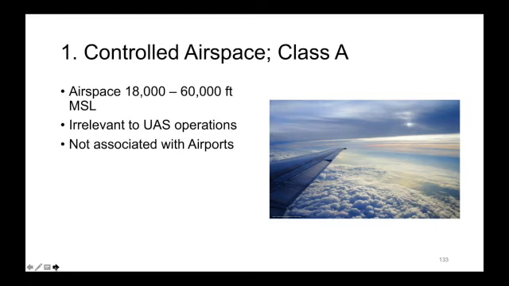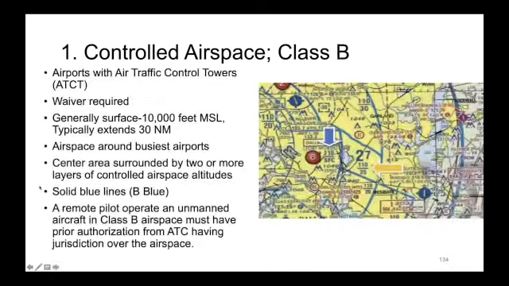They're in controlled airspace Class A. So as drone pilots, we don't have to worry about ever flying up there unless we start getting into the big guys, and we may get up there. But even the drone pilots in Afghanistan and other areas, they're usually flying 5,000 or 6,000 feet. They're typically not flying at 50,000 feet with drones. So this will probably never affect us. But it's not associated with any airports. As they fly, they're flying over these airports with no issues.